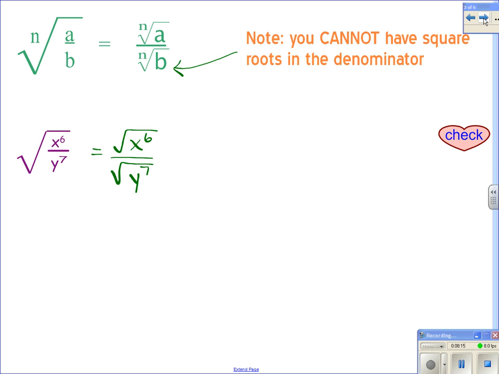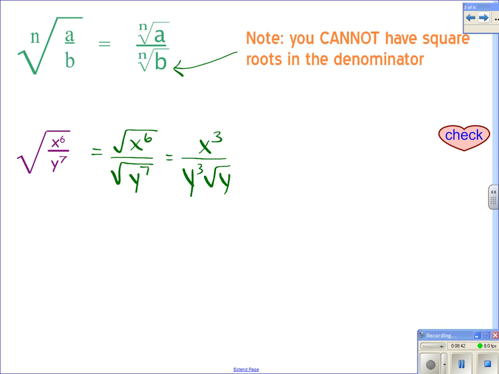And these are square roots, so we're looking for groups of 2. So let's simplify it, just like we have been doing. Nothing different yet. So that's what we were just looking at, just simplifying radicals.